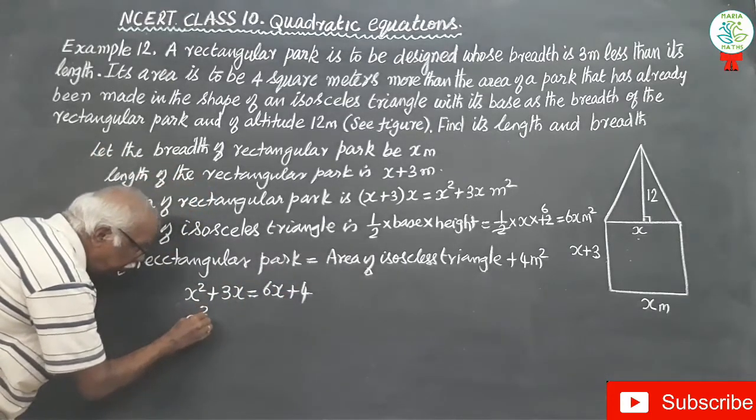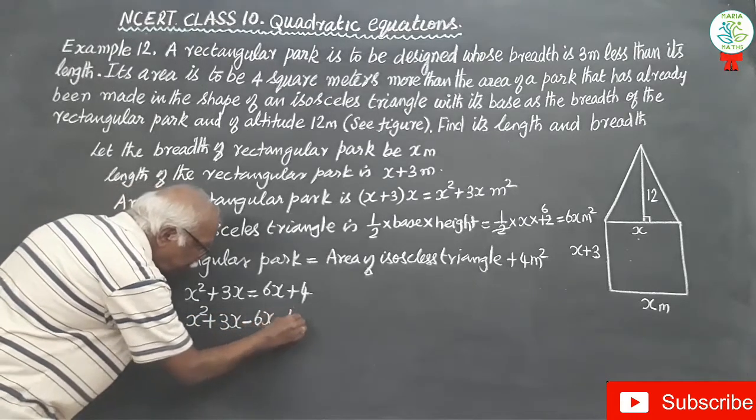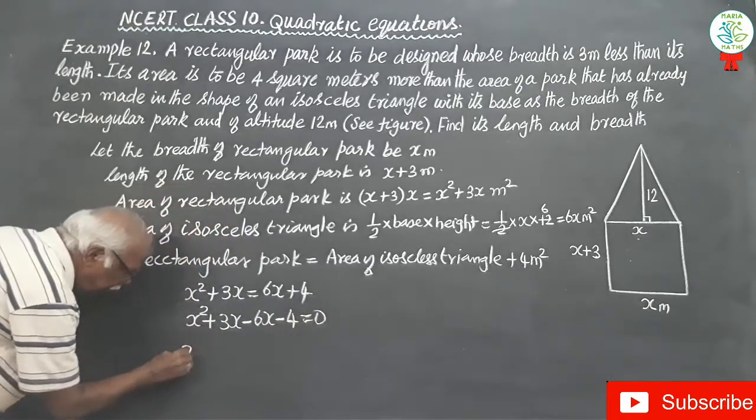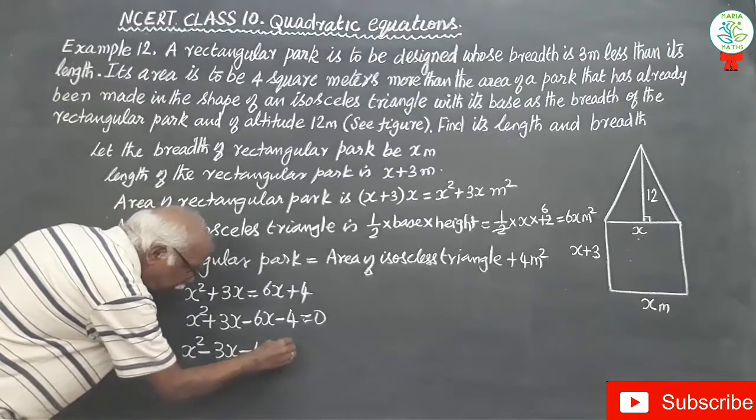So x square plus 3x minus 6x minus 4 equal to 0, that is x square minus 3x minus 4 equal to 0.